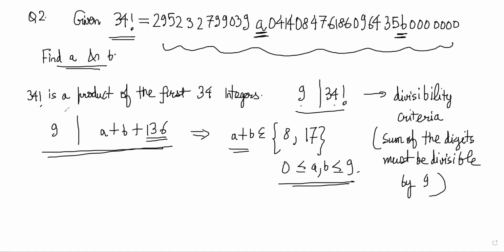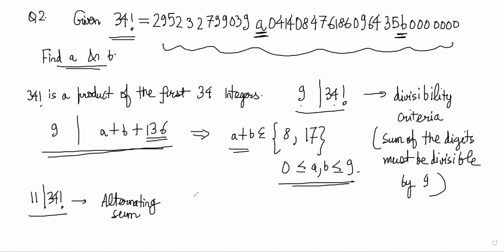Another divisibility criteria that you could use here is that 11 divides 34 factorial, because 11 is one of the integers that comes in the product of 34 factorial, right? So 11 divides 34 factorial. Now, what is the divisibility criteria for 11? What you need to do here is find the alternating sum. Alternating sum means that you take first plus and then minus.